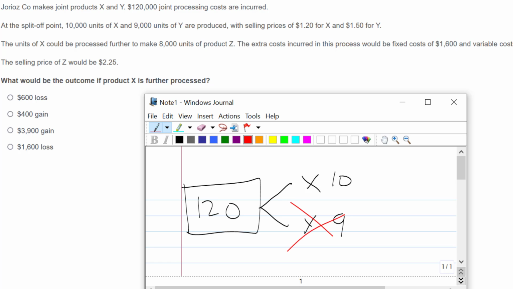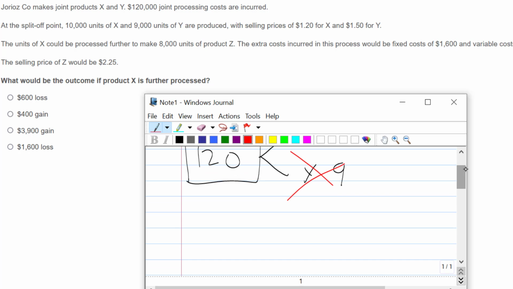And we see the selling price is 1.2 for an X. So we are earning revenue right now of $12K if we do nothing further. But we're thinking now, let's further process the X's and we'll turn them into product Z.